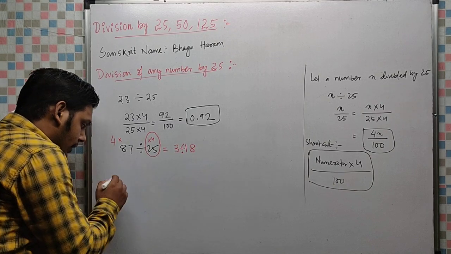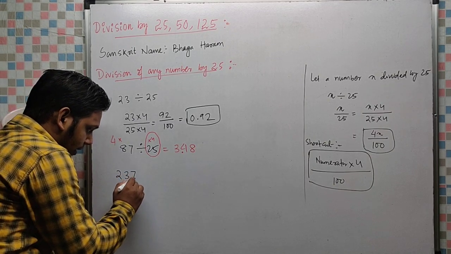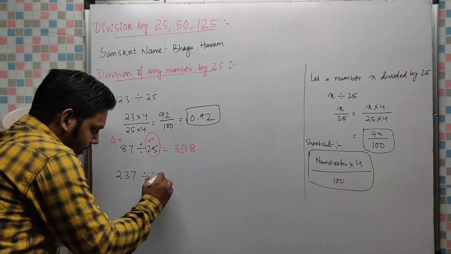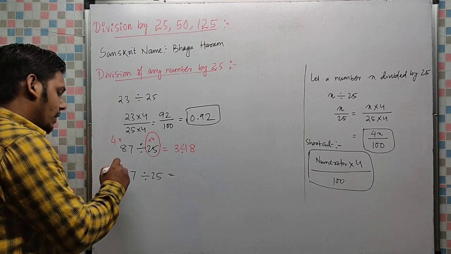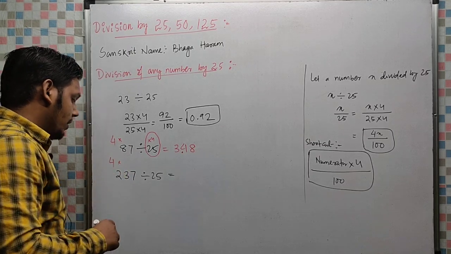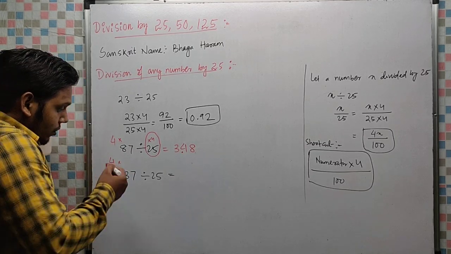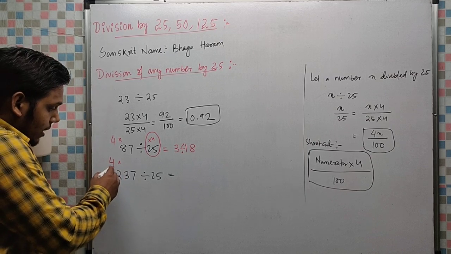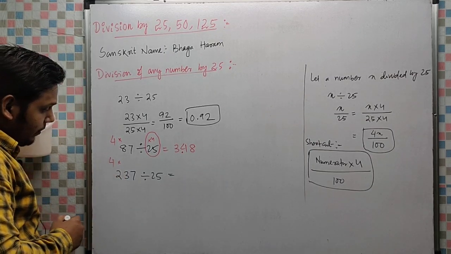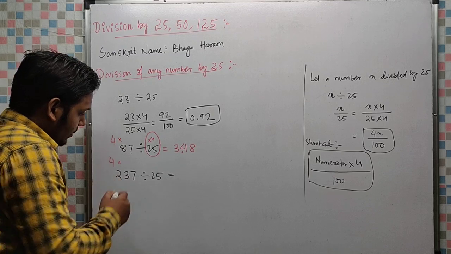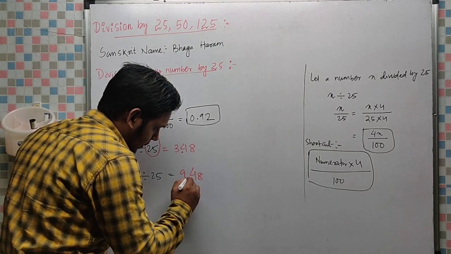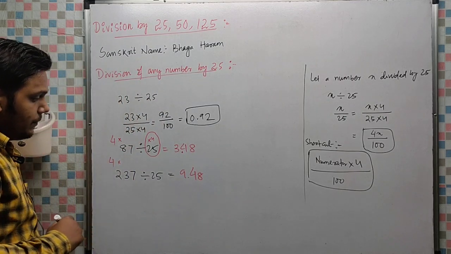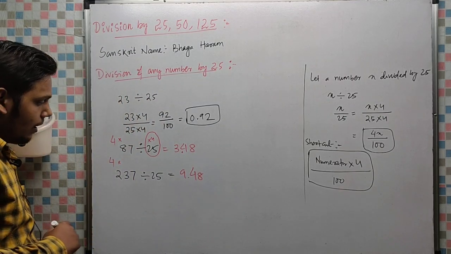Suppose you are taking any 3-digit number, 237 divided by 25. So same thing you have to do. You have to multiply 4 here. So how much will it be? 4 2s are 8, 800, and 4 3s are 12, 920, and 4 7s are 28, 948. That means 9.48 is the answer.